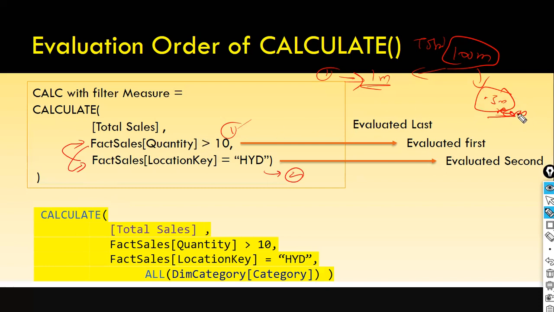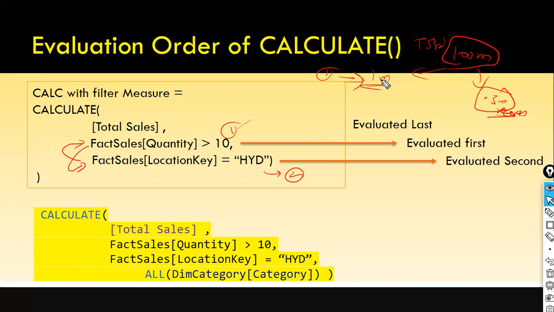In that case, I know the Hyderabad record count is small. First, you take the subset of the data, and then you apply this filter, right? Otherwise, instead of filtering the records of just one city, you're taking all the records that belong to all the cities, and then you filter it. That is a waste of time, isn't it?